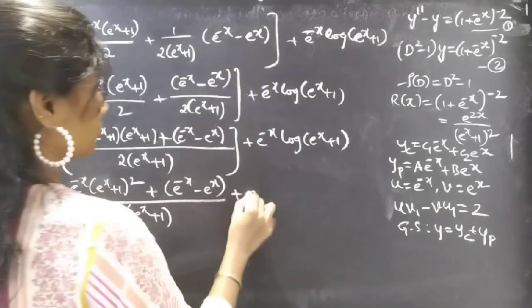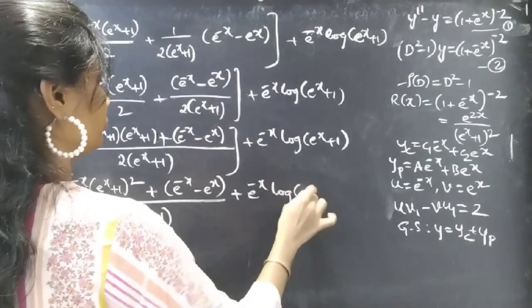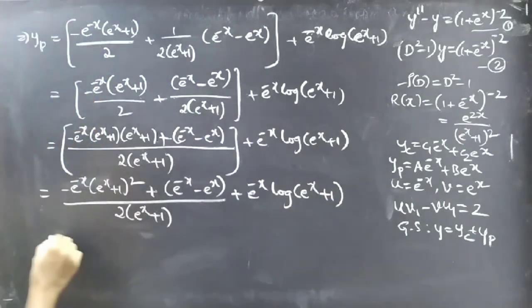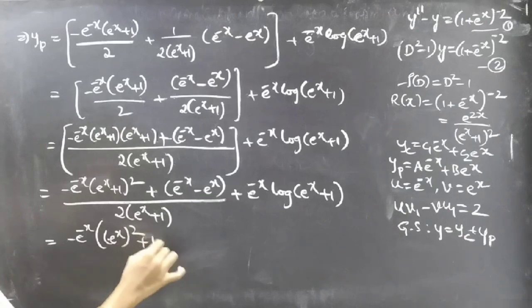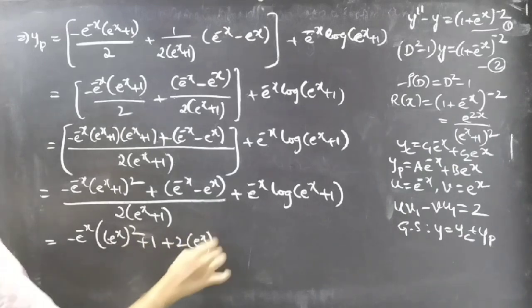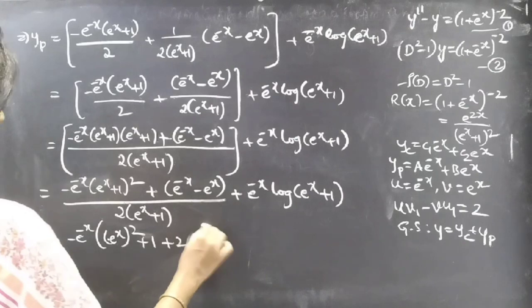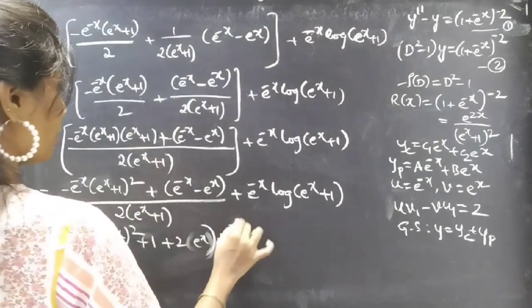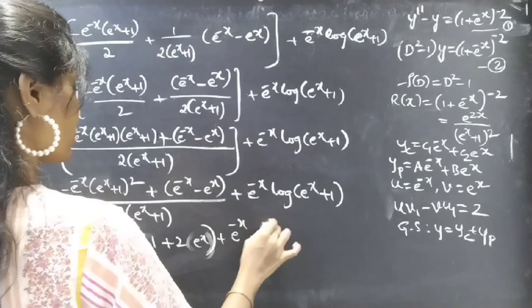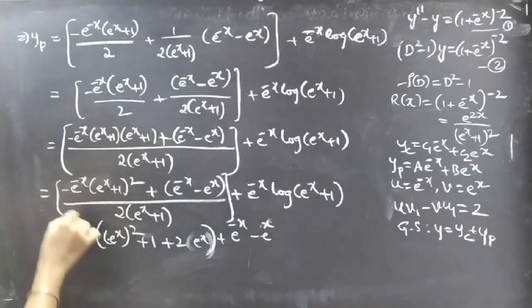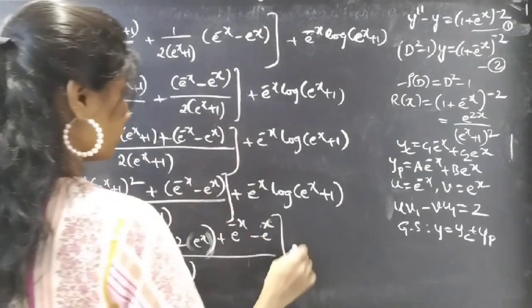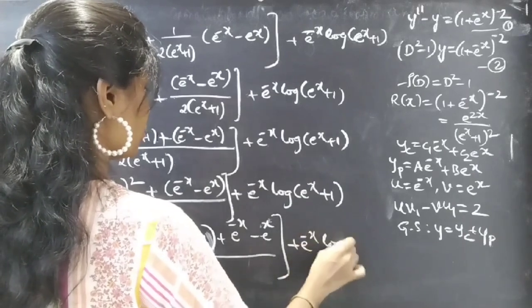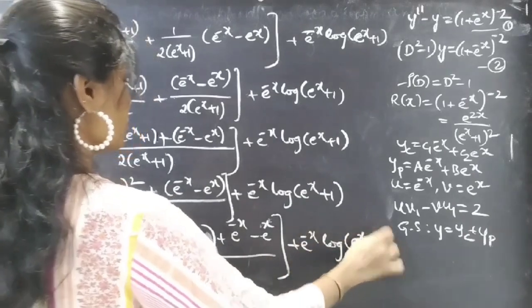This gives us minus e power minus x of ((e power x) whole square plus 1 plus 2 times e power x) plus (e power minus x minus e power x) by 2 times (e power x plus 1), plus e power minus x log of (e power x plus 1).